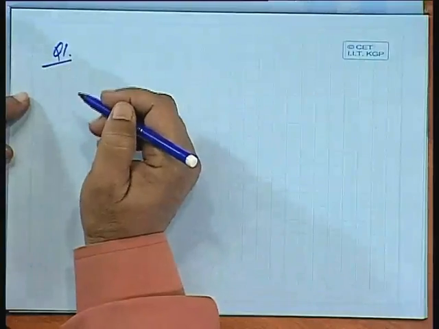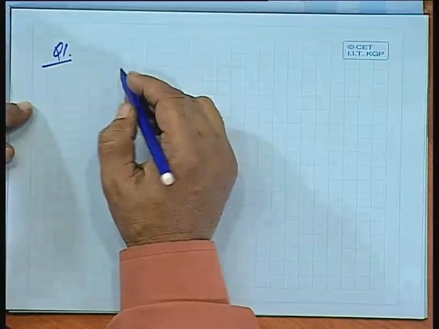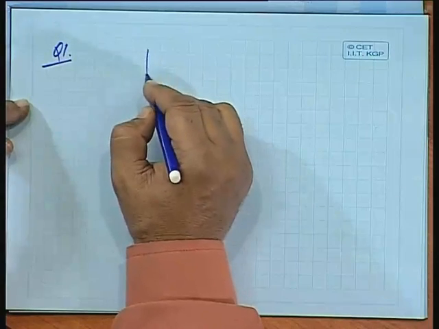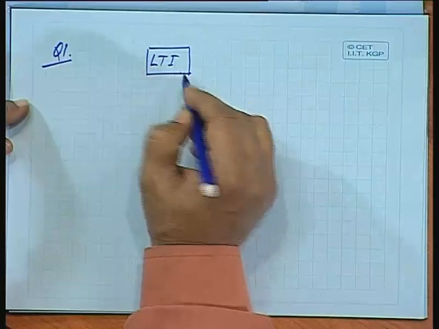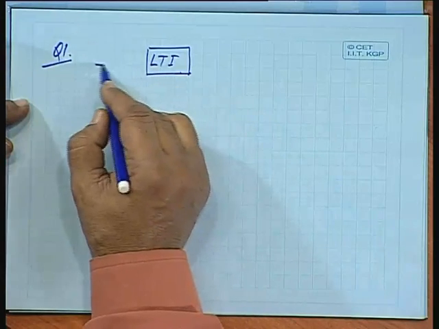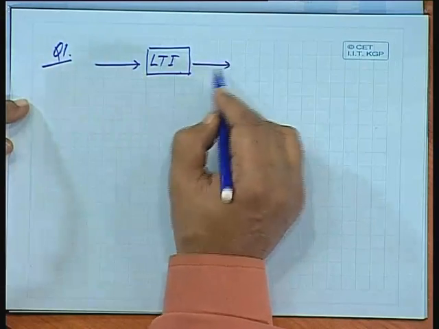Taking up a few numerical problems on discrete time systems and their transforms. So, let us start with the first question. The response of an LTI system is given here.